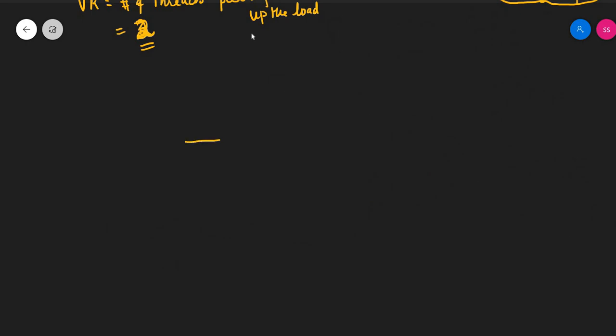So here is a summary. A single movable pulley offers a velocity ratio of 2, where this is your effort and this is your load, and an ideal mechanical advantage of 2.